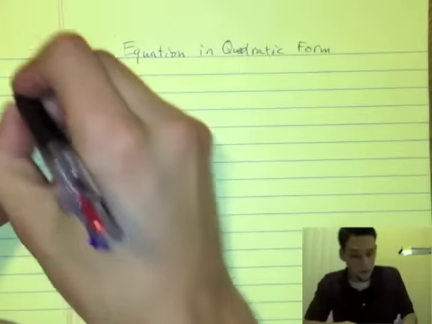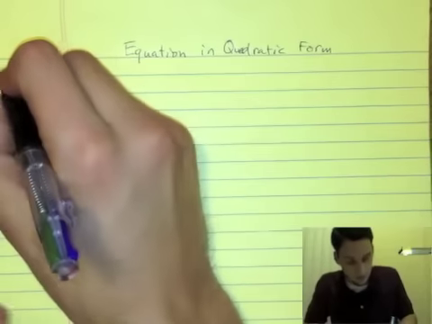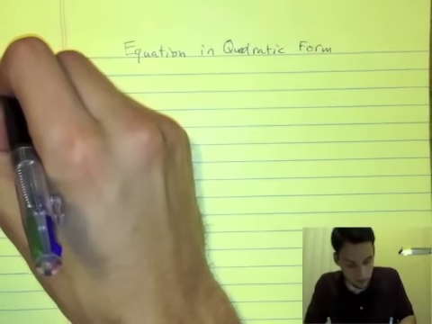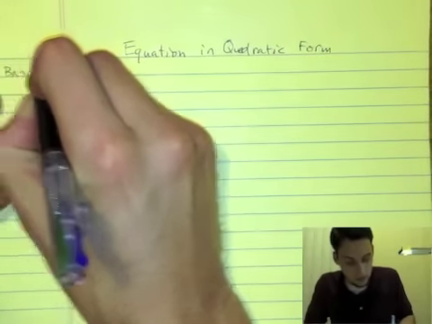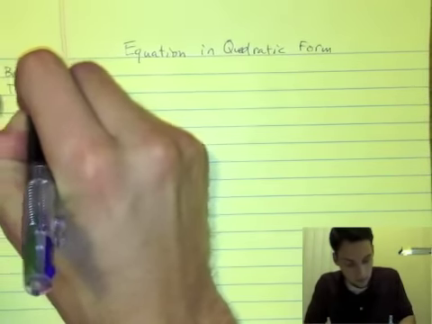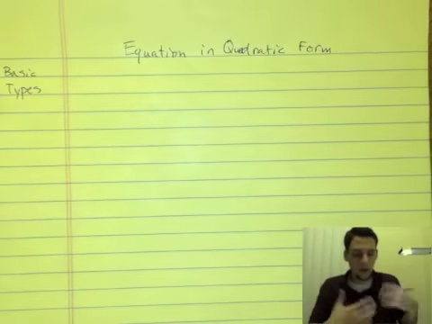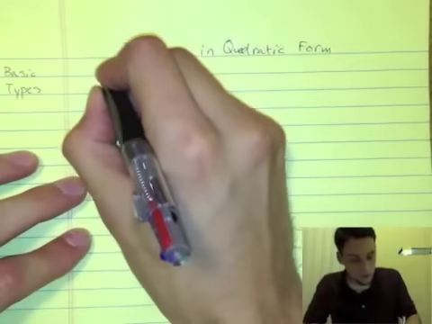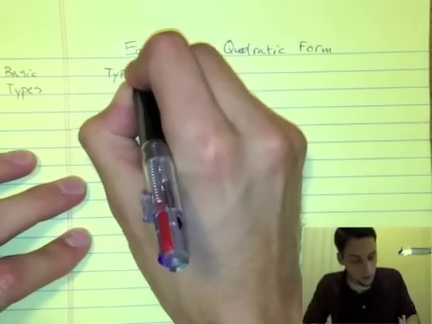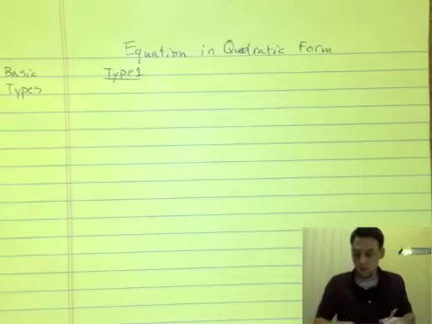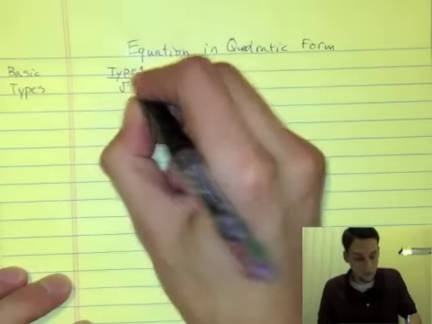So there are basic types of these equations. The basic types is what we're going to start out with. This might not make sense right away, but it'll make sense once we go through the examples. So type 1 of these equations will involve square roots.